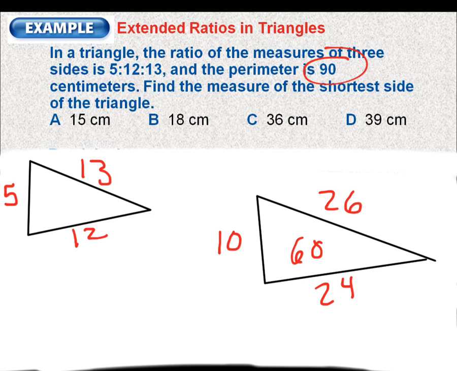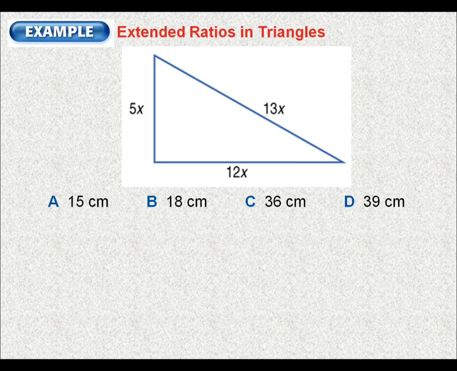So my question is, how do I get there without guessing and checking over and over again? How can I find a triangle that's proportional to this one, just a bigger scaled up version, but has a perimeter of 90? So what I'm going to do is call each of the sides 5x, 12x, 13x, because I don't know by how much each side is going up.